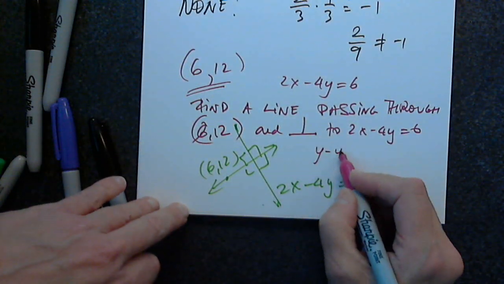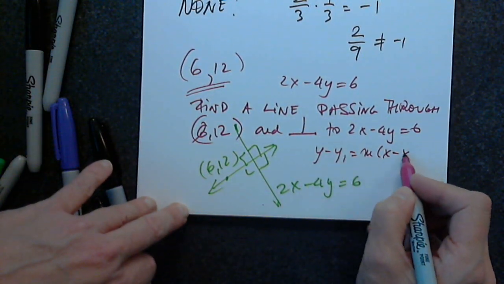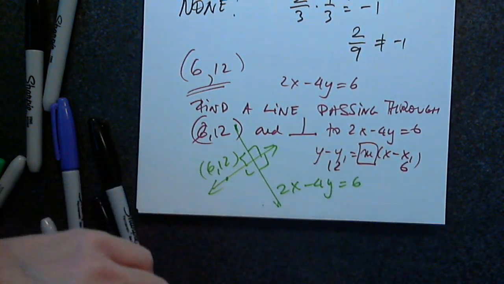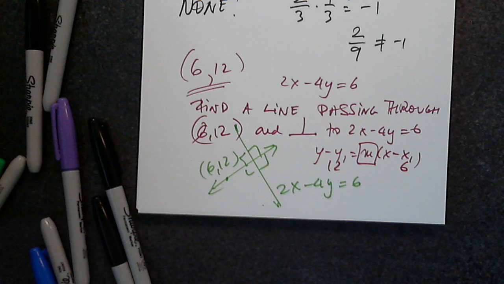So we have a point. This is y minus y1 equals the slope times x minus x1, and the point is 6, 12. But I don't have the slope. I cannot use y equals mx plus b because the given point that we picked is not the y-intercept. But I do have a point, and I do have the slope given indirectly.